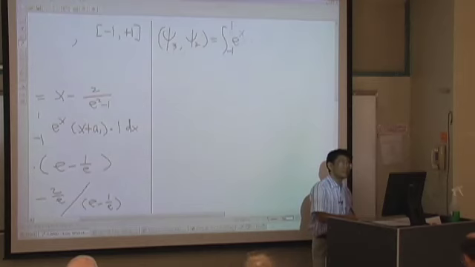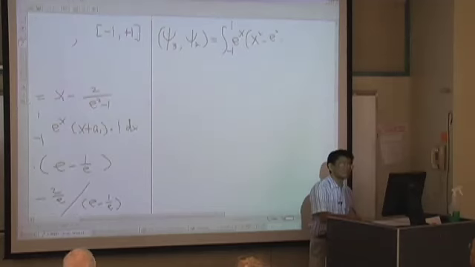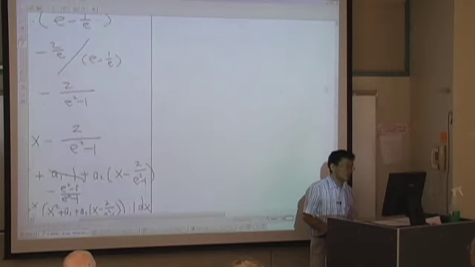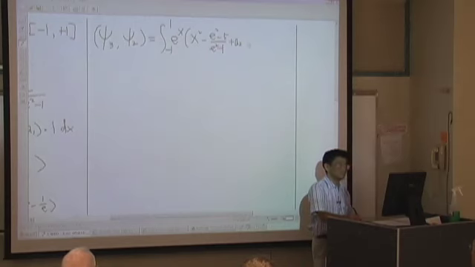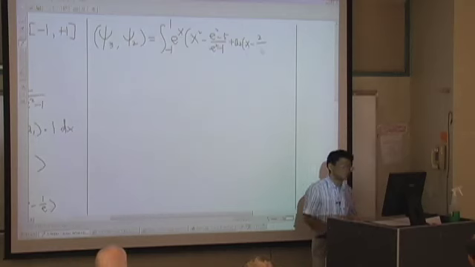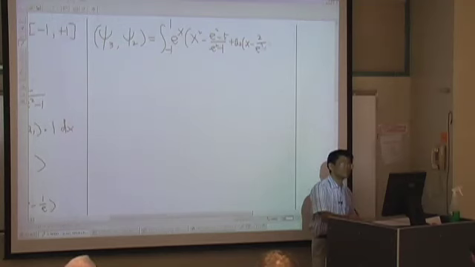Integral from minus 1 to 1, e to the x, and then x squared, and then the tough thing, e squared minus 5 over e squared minus 1, and then a2 times x minus 2 over e squared minus 1, and then multiply by psi 2. Psi 2 is x minus, I do not know.